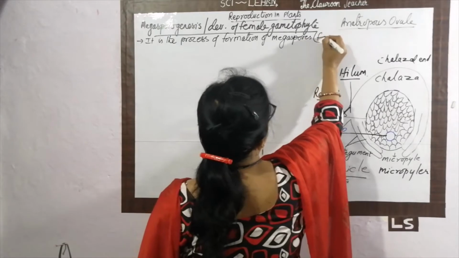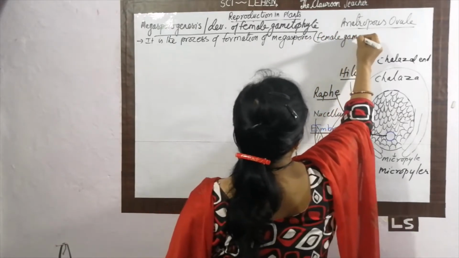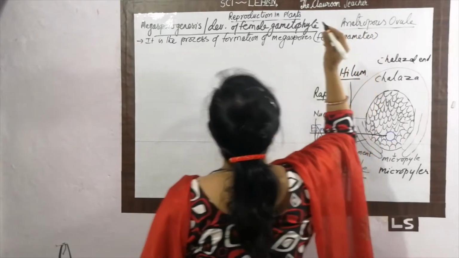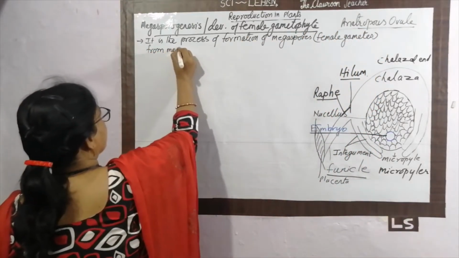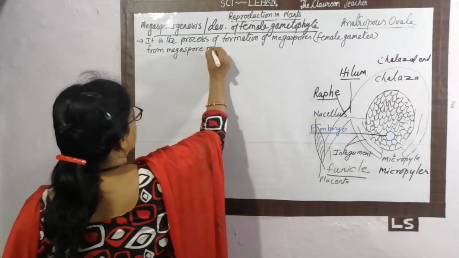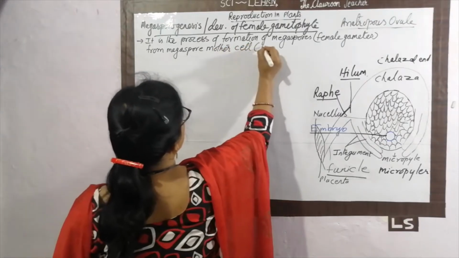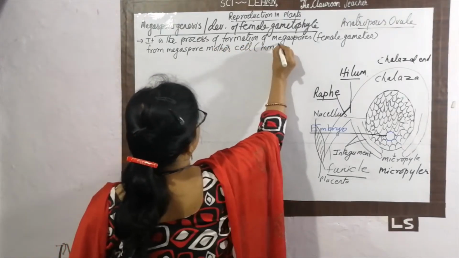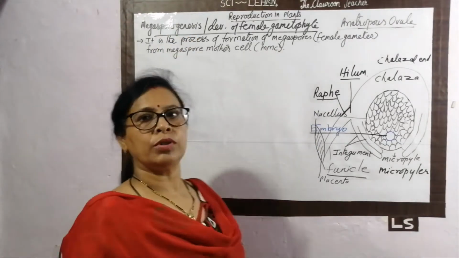This is actually the female gamete. Megaspore from megaspore mother cell, that is MMC. That is megasporogenesis.